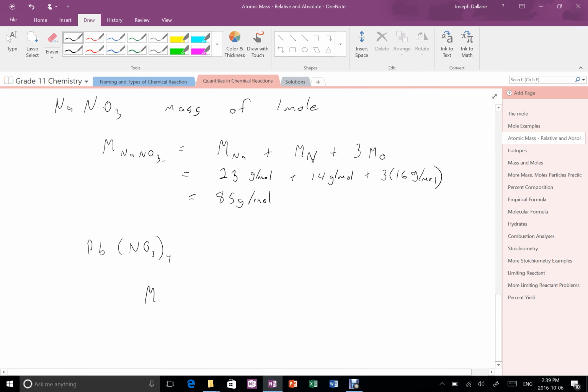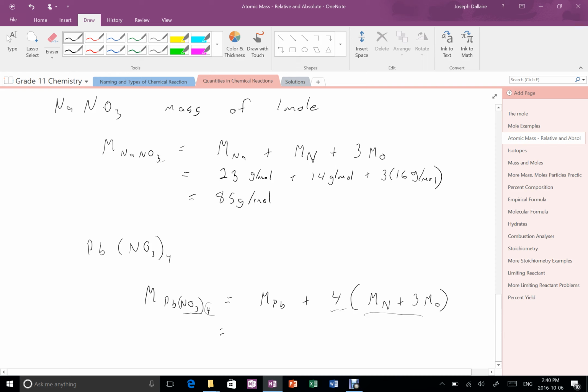So the molar mass of Pb(NO3)4 is going to be the molar mass of Pb plus 4 times all of this stuff: the molar mass of nitrogen, plus 3 molar masses of oxygens. See, this is here, and then I have 4 of them, right? I have 4 of them, so I multiply by another 4. Lead's a big one.